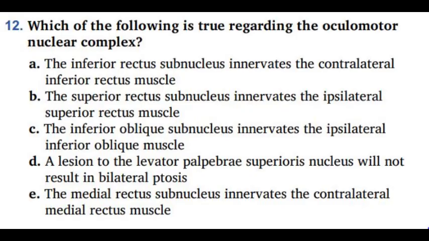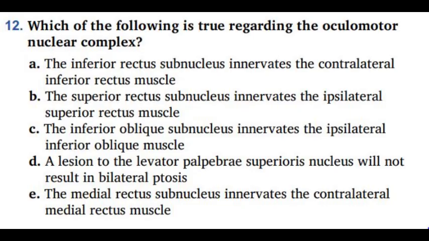Back to our question, which of the following is true regarding the oculomotor nerve subnuclei? The first option says the inferior rectus subnuclei innervates the contralateral inferior rectus muscle. Is that true or false? That is false. We know that the inferior rectus subnuclei actually innervates the ipsilateral inferior rectus muscle.